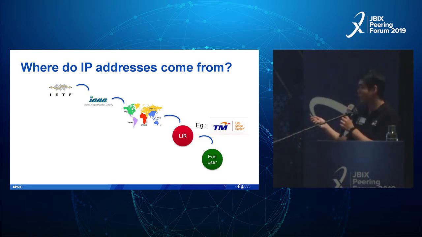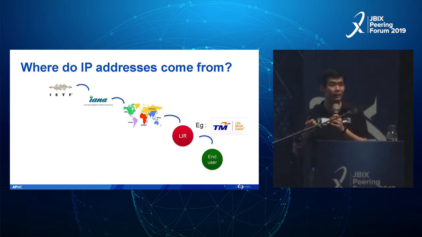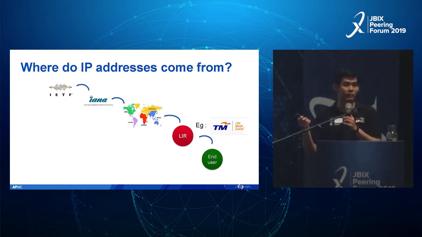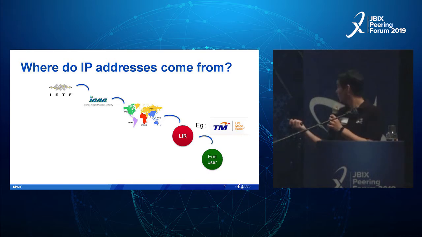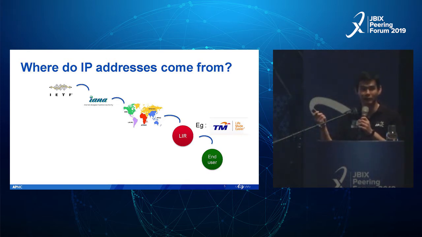As APNIC, we then delegate the IP addresses to LIRs, which are local internet registries, such as in Malaysia, we have TM. From there, the service provider will then delegate the IP addresses to the end users, like you or me. So that's, in a nutshell, where IP addresses actually come from.